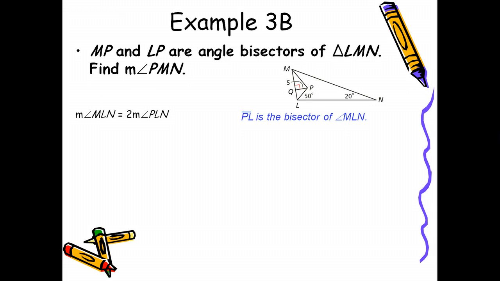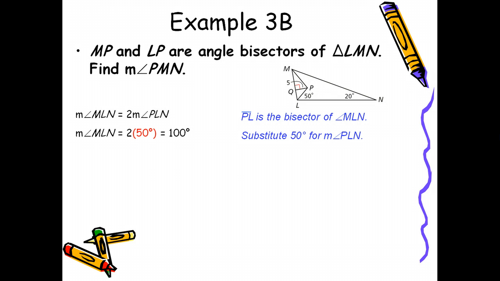So the measure of MLN equals 2 times PLN. We'll substitute 50 for PLN. The measure of angle MLN equals 2 times 50, which is 100 degrees.